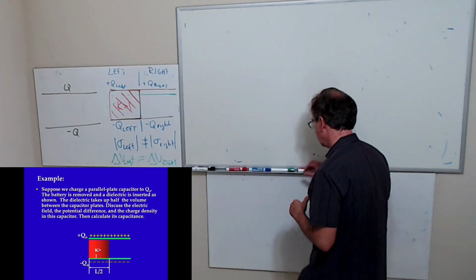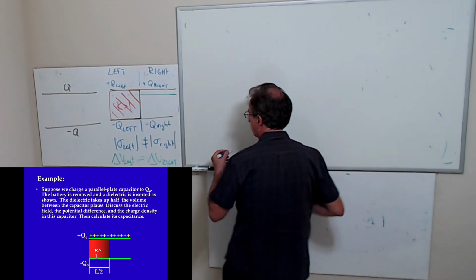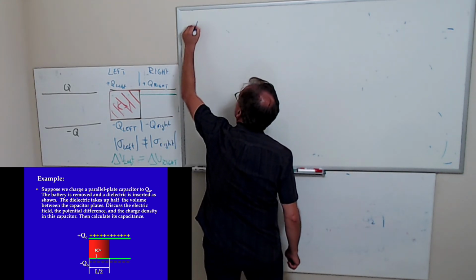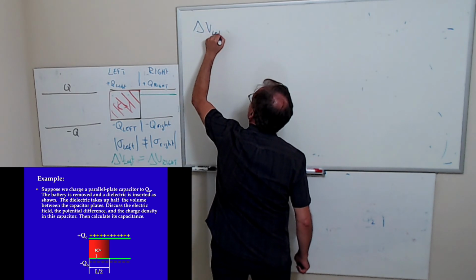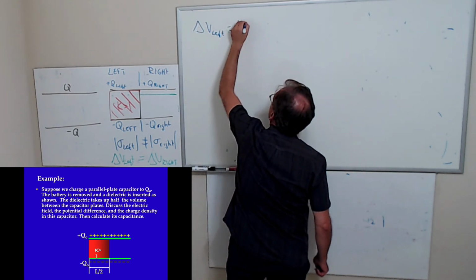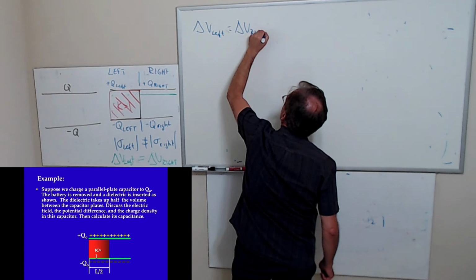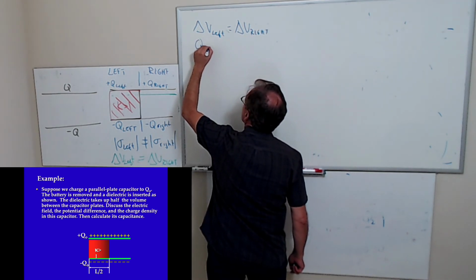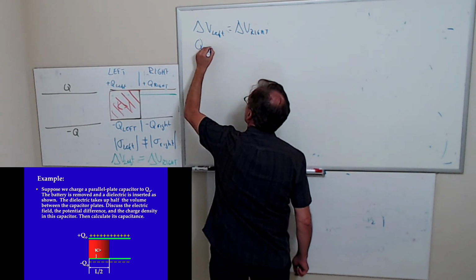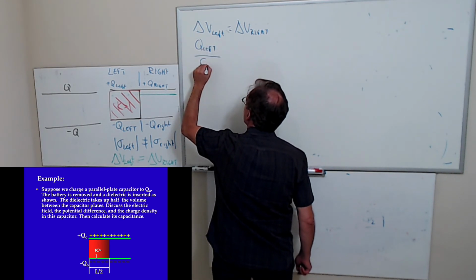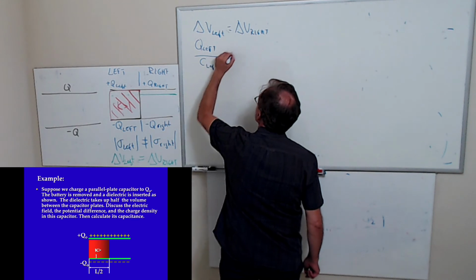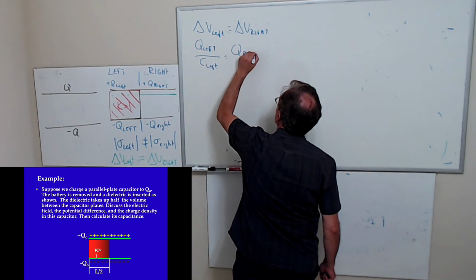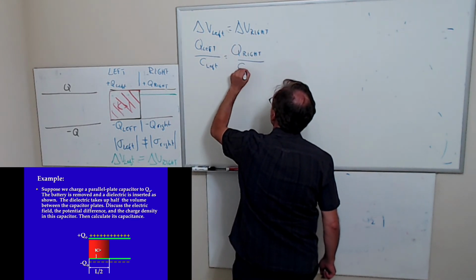So that means if delta V left equals delta V right, that means Q left over C left equals Q right over C right.